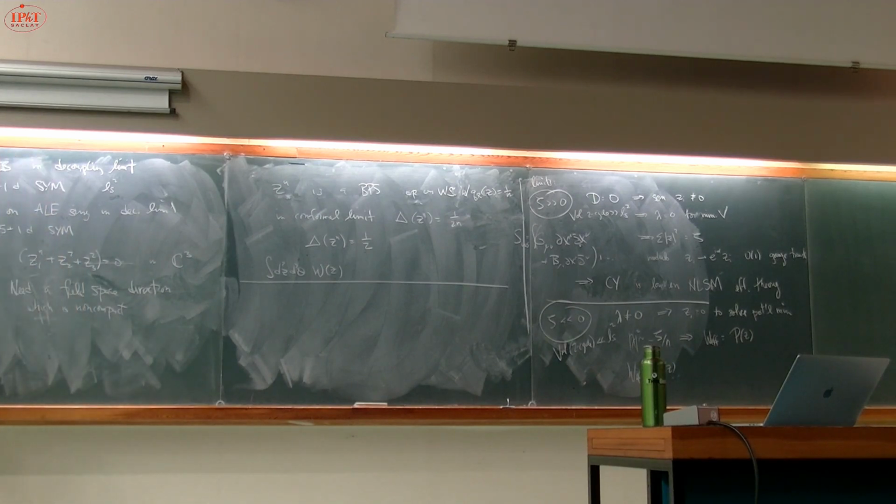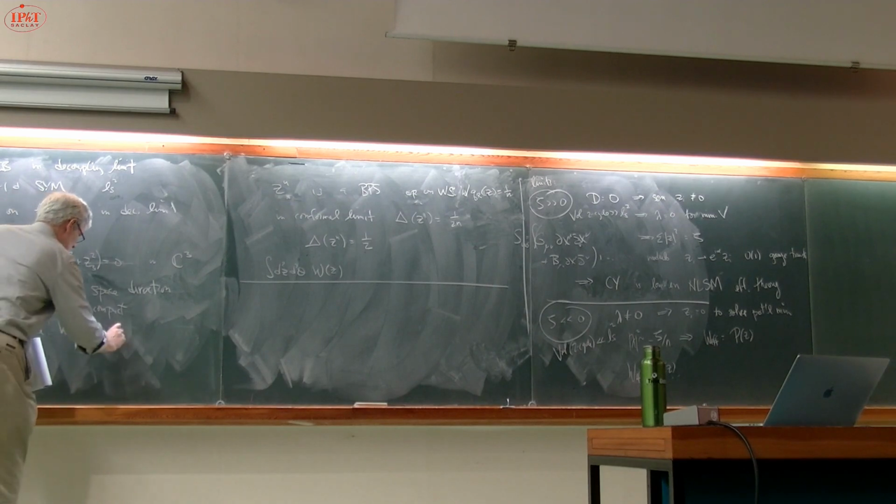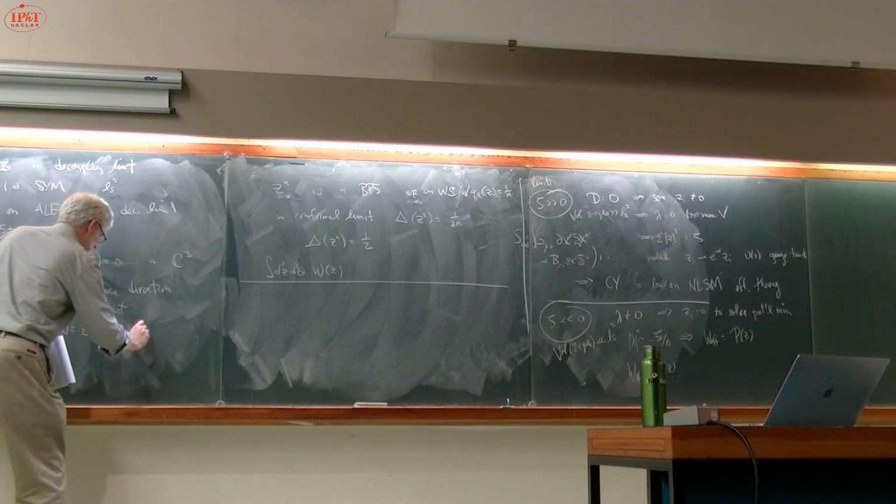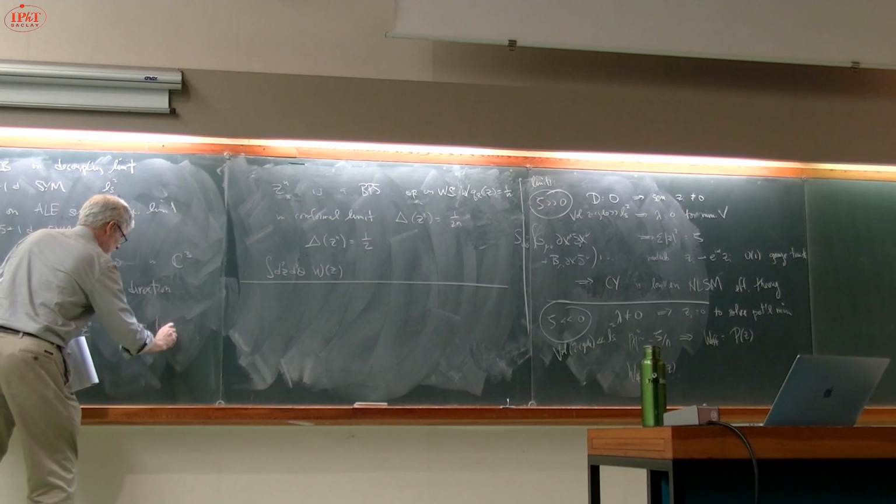Okay, I could go on for a bit more, but maybe I should just give you the answer. The answer is to couple W equals z to the n to N equals 2 Liouville theory.